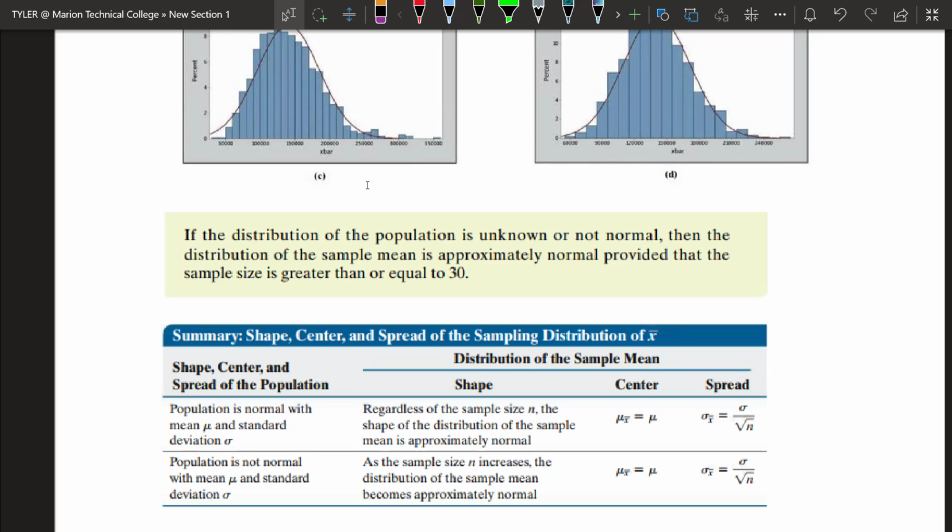I can use the normal model to estimate probability with x bar. But if your population is not normal, so maybe skewed, uniform, or bimodal, or if you don't know, then that's where we need n to be greater than or equal to 30. So this is a condition.